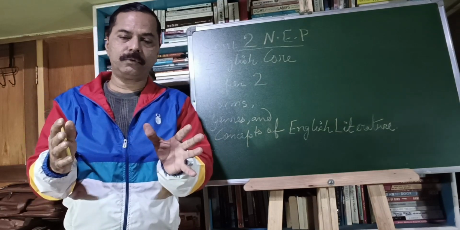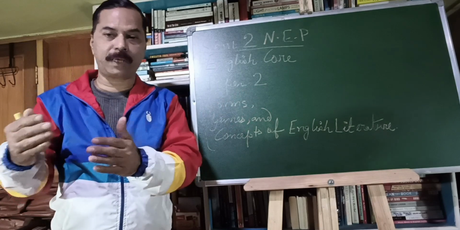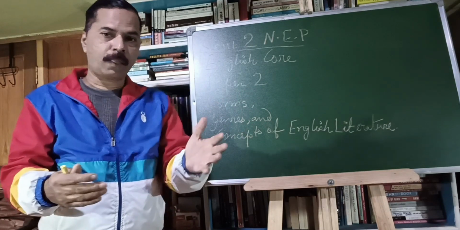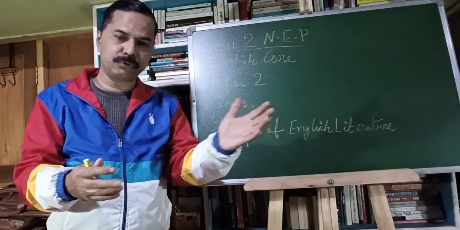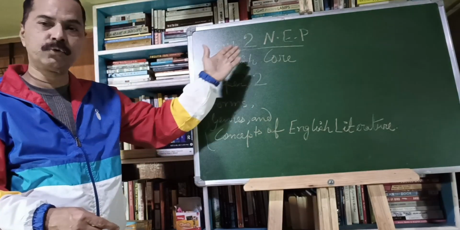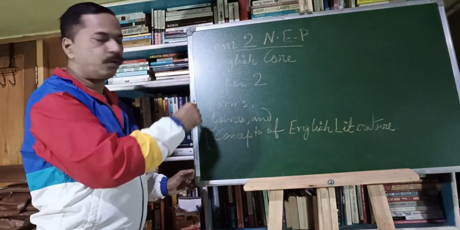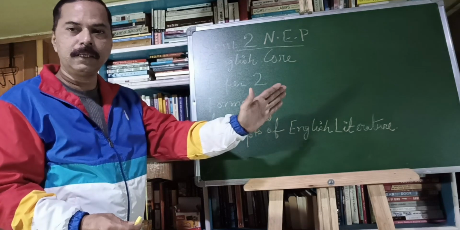I'm trying to familiarize you with the paper, what you need to expect from the paper. So it's a first online class to supplement our offline classes. So semester 2 NEP, English Core Paper 2, Forms, Genres and Concepts of English Literature.